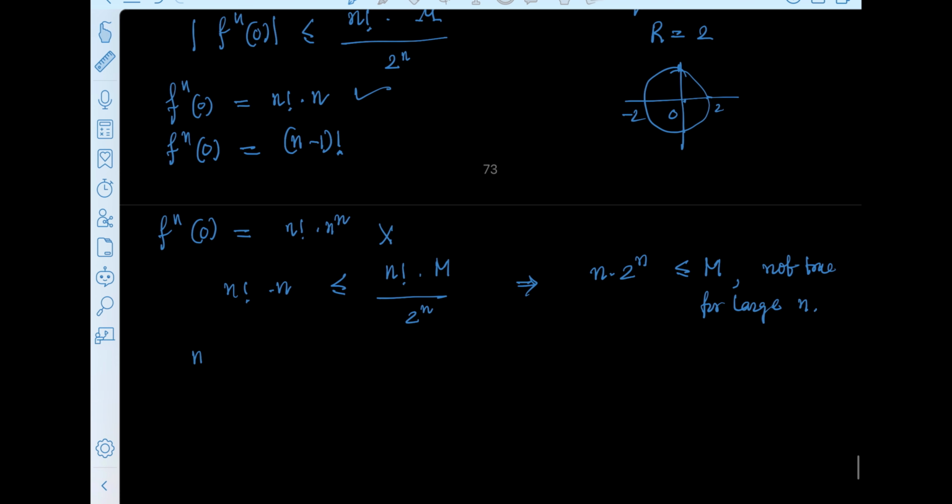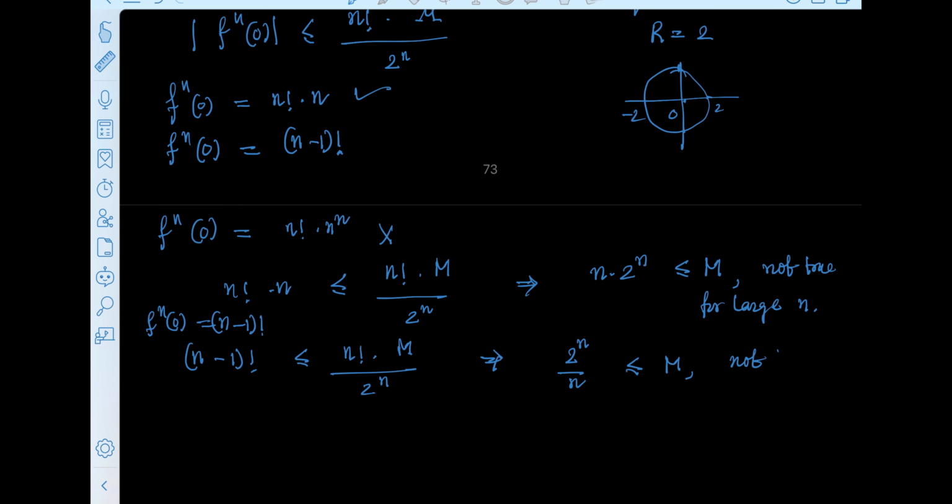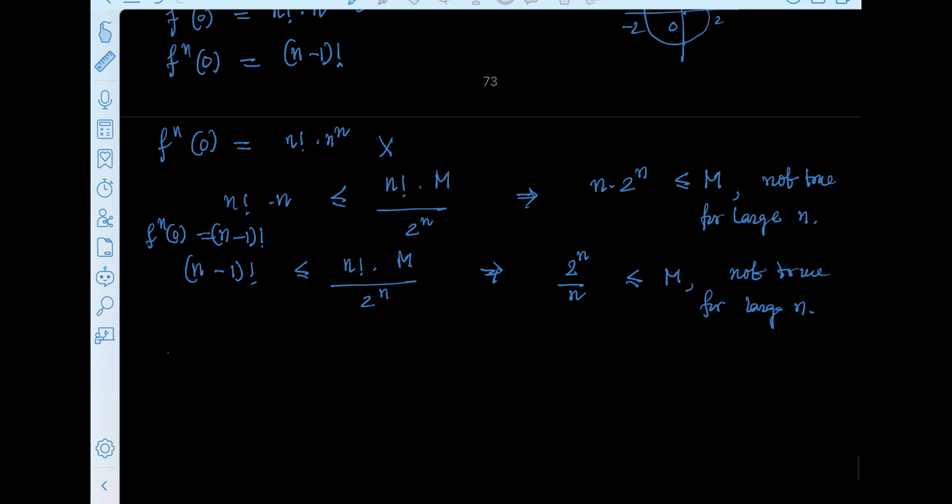Now let us say if f^(n)(0) equals (n minus 1) factorial. Then (n minus 1) factorial is less than or equal to, by Cauchy inequality, n factorial times M divided by 2 to the power n, which will give you 2 to the power n divided by n less than or equal to M. Again, this is not true for large n. Finally, n factorial times n to the power n.